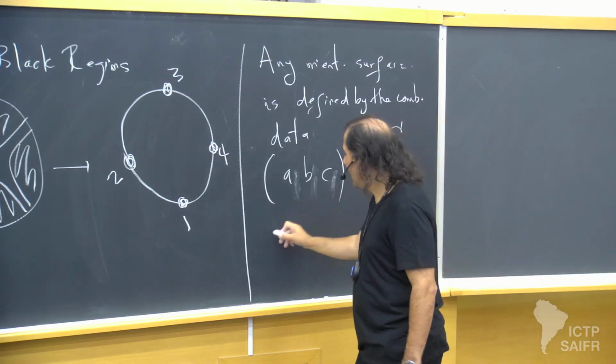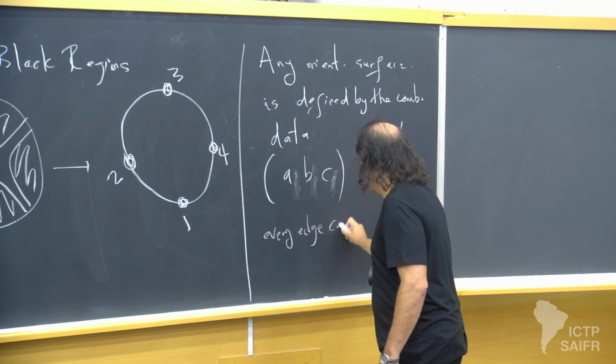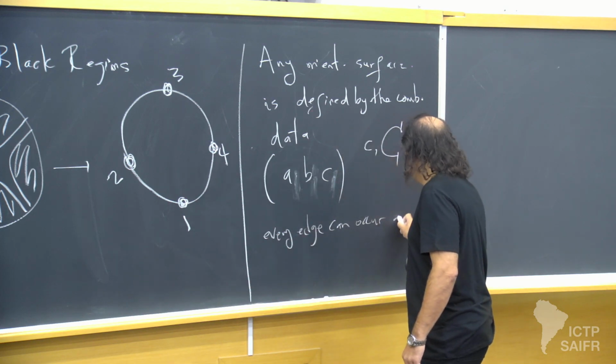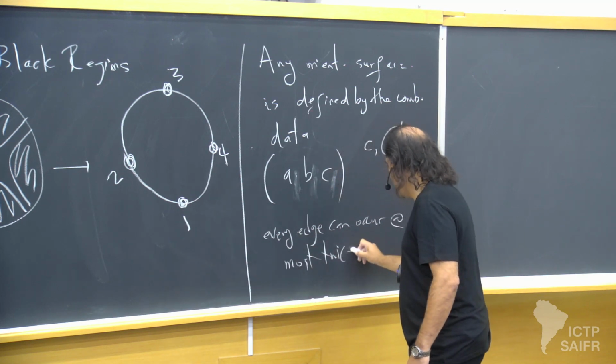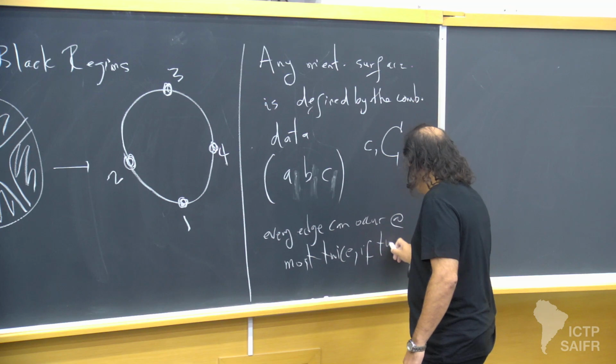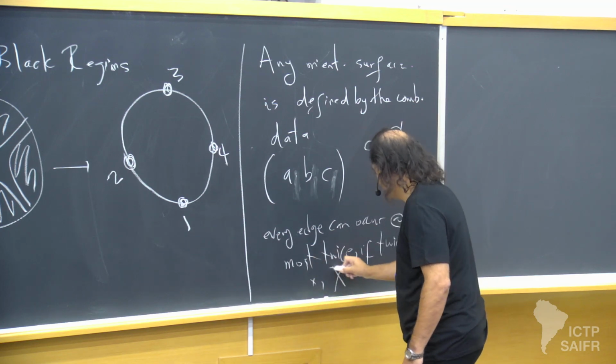And every index, every edge, can occur at most twice. And if twice, it has to occur both in lowercase and uppercase.